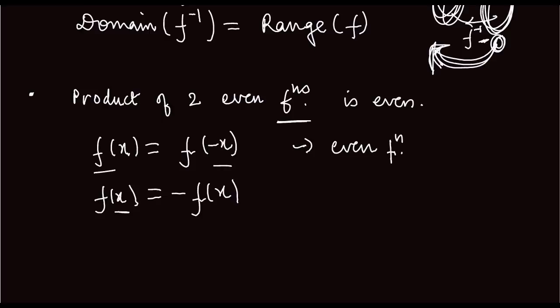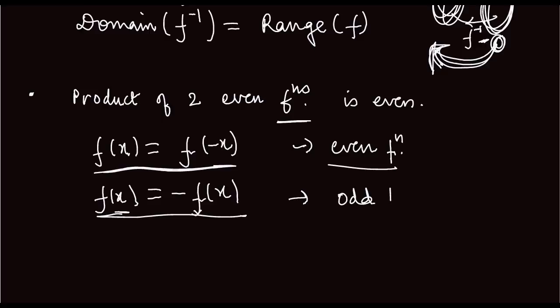That is, if you change the variable x to minus x and you don't see any change, then it is an even function. If you see a change, that it changes to minus of f of x, then it is an odd function. So product of two even functions is even, and product of even and odd functions is odd.